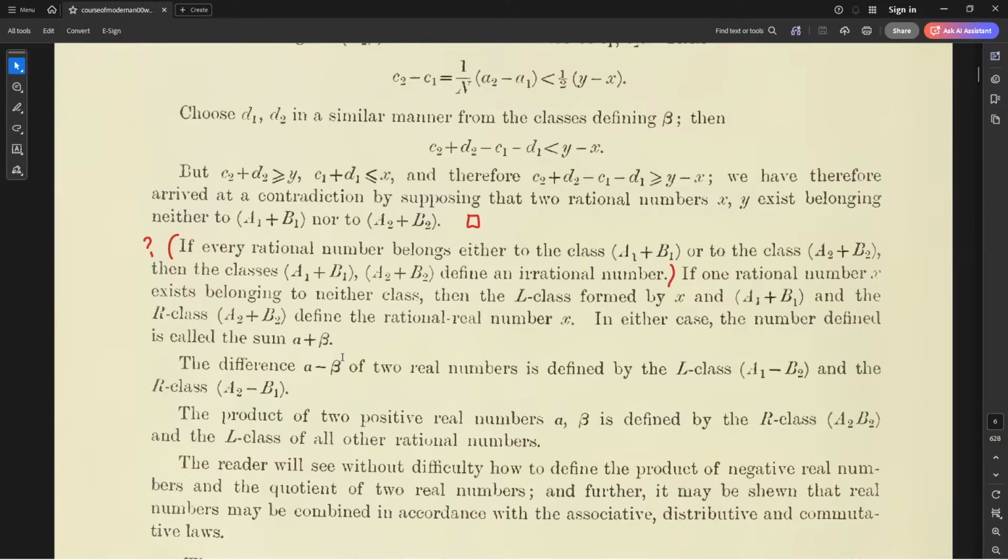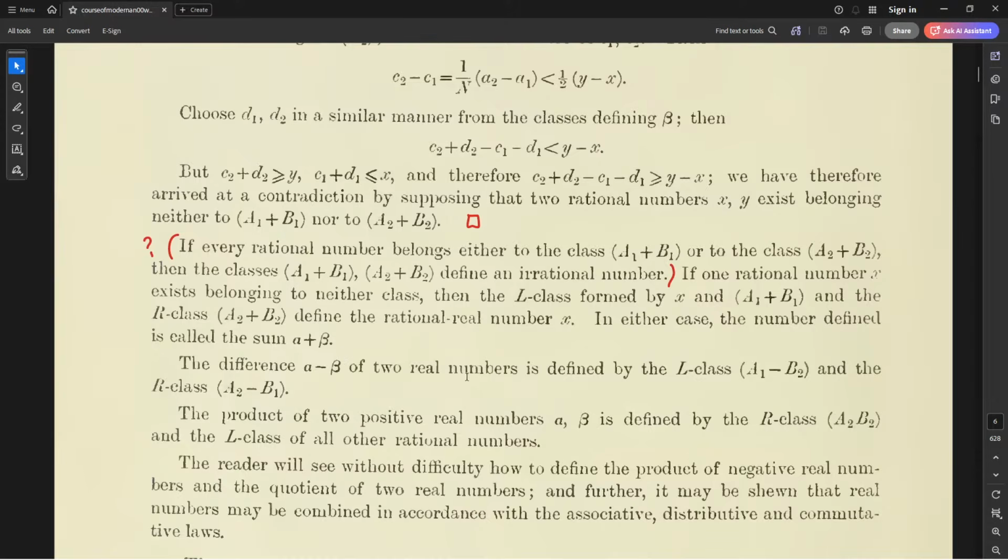There are closure, commutativity, associativity, existence of the additive identity, aka 0, and the existence of additive inverses, aka for every x there is a minus x. These are all verified. Okay, so now we wish to do the same for multiplication.